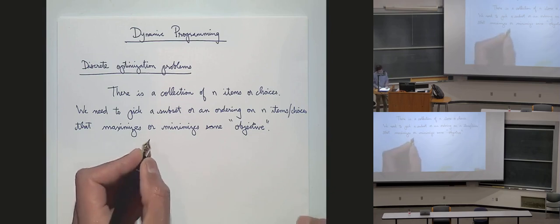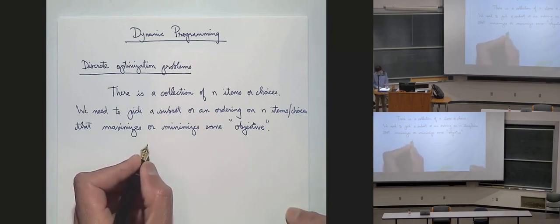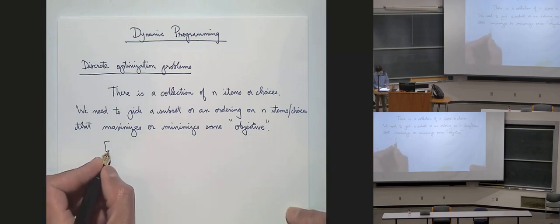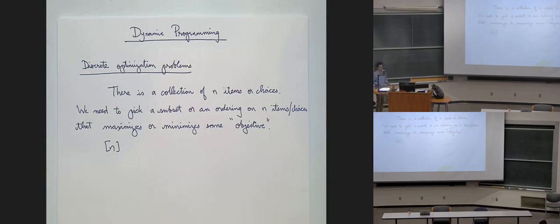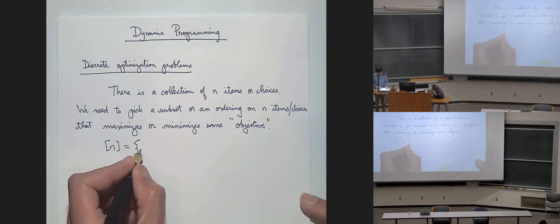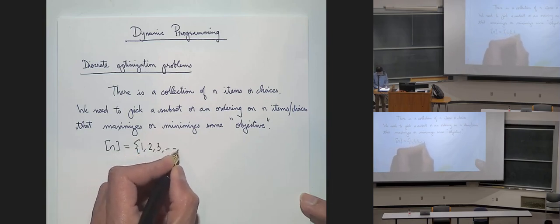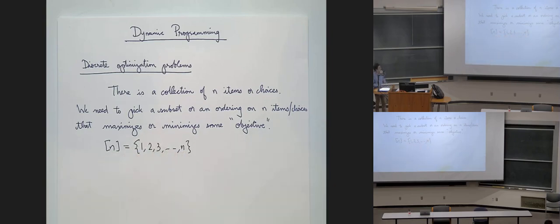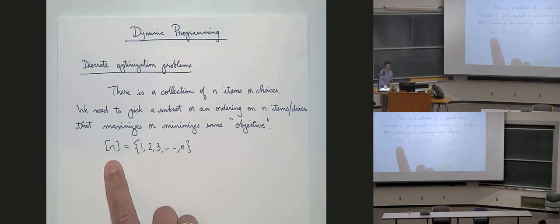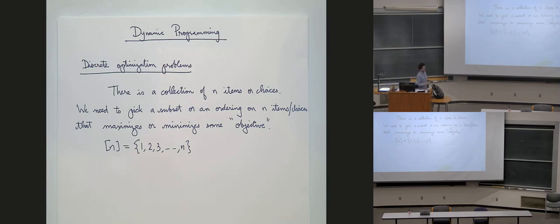I'll give the mathematical notation. I use this basically as a shorthand for this. This is just saying the first n natural numbers, which you can think of as indexing some choices. So there are n choices you need to make, like n items you need to pick.